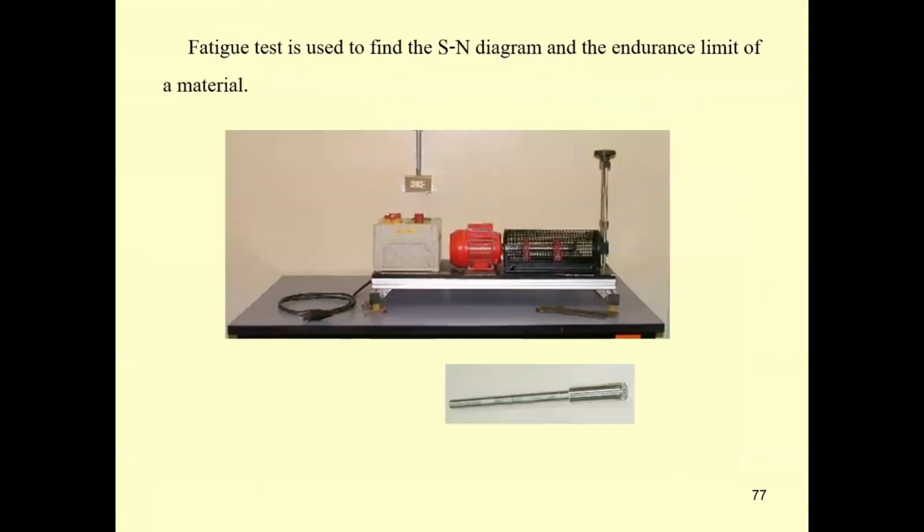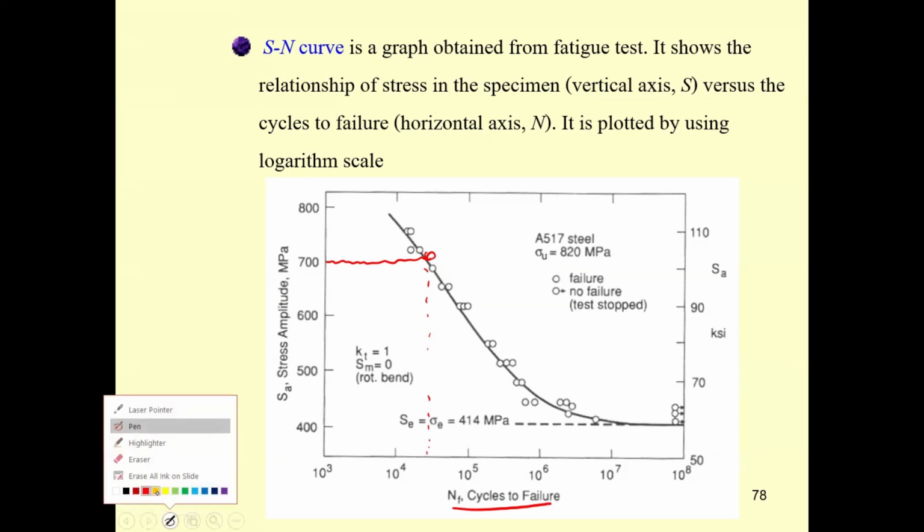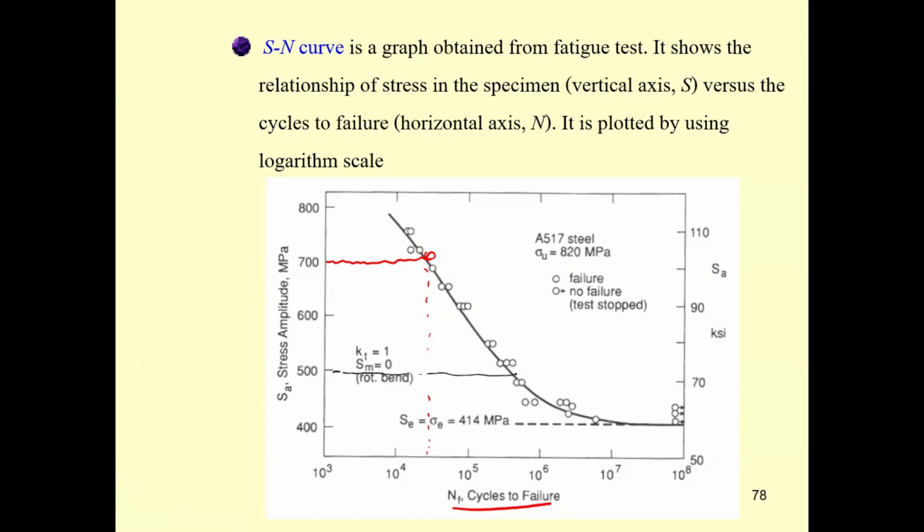In our lab, we do the fatigue test based on this machine, and then we draw the S-N diagram. The S-N diagram tells us if the stress is large, the material will resist a small number of repeated loads. If the stress is small, the material can resist more cycles of loading.